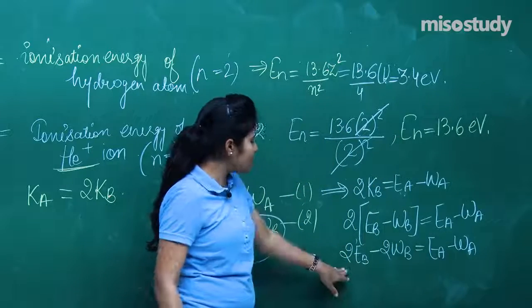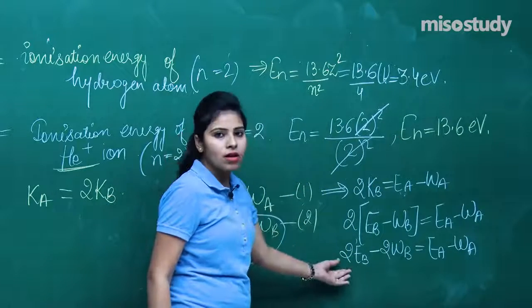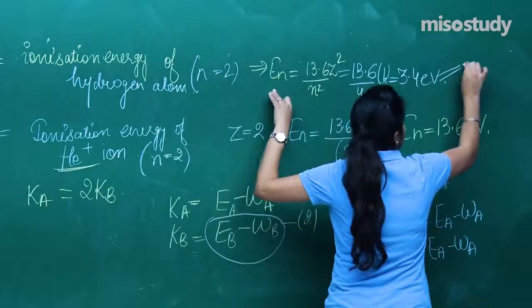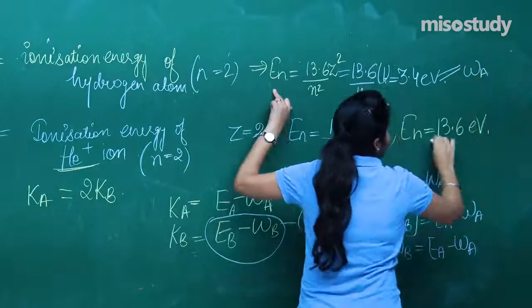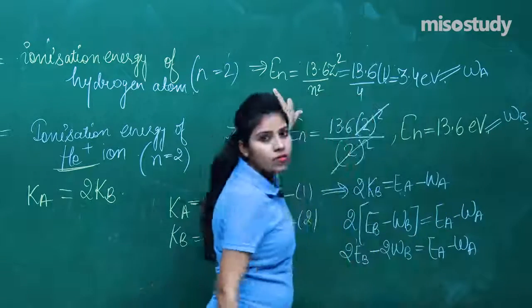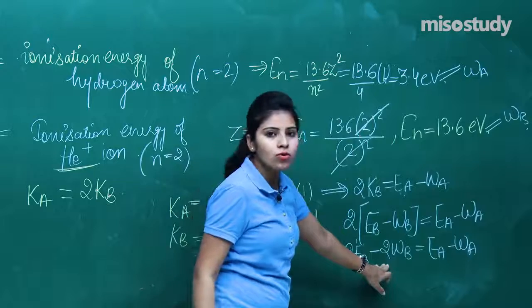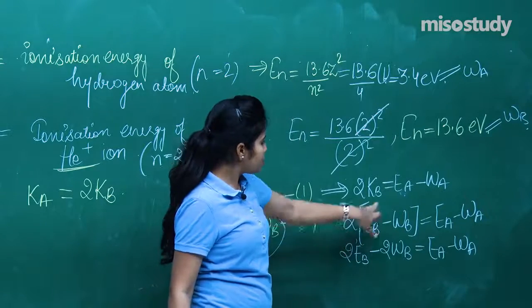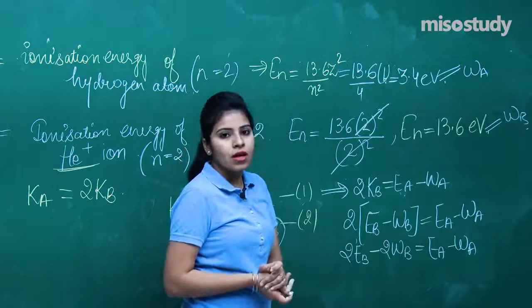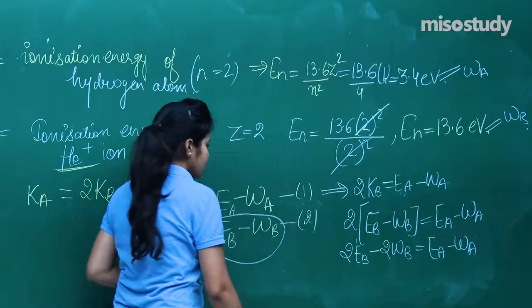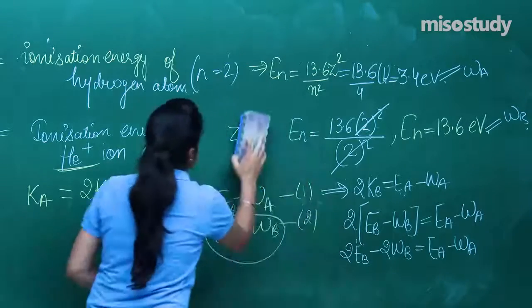You have your energy as such, and you know you have Wa as this, and your Wb is this. So you can put these values in here, and then you will be able to find the value of this. Now, one thing, let me just remove this.